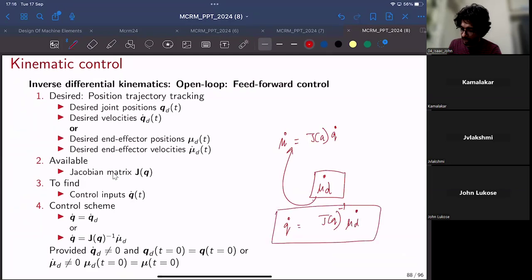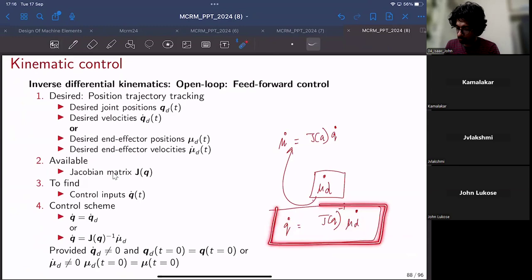So you can treat this as your control input, and this is your desired velocities. And as you can see, since there is no feedback term involved, this is a purely open loop control scheme. And this will only work when mu desired dot is not 0. If mu desired dot is 0, then q dot is 0, and this control scheme will fail.